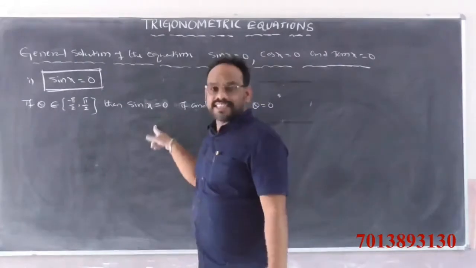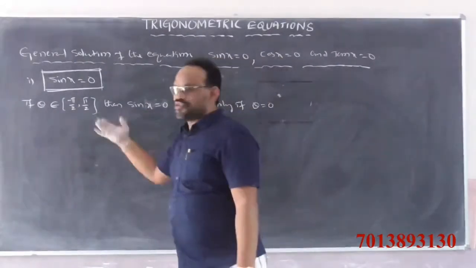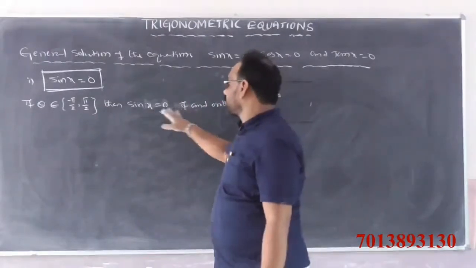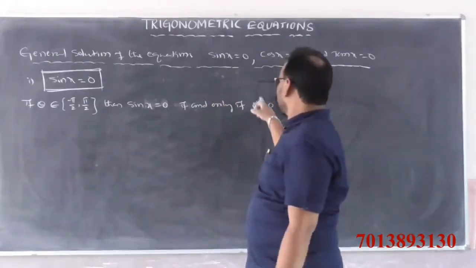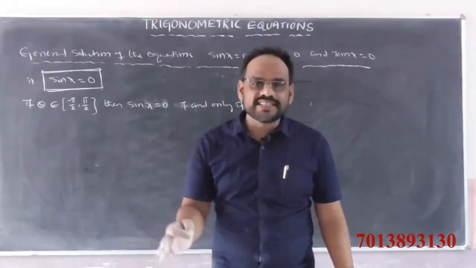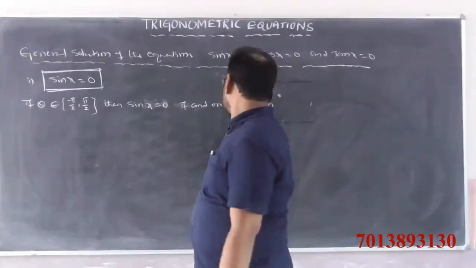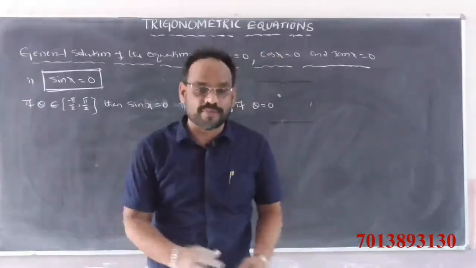Then sin x equals 0 if and only if theta equals 0. That is, theta equals 0 is the principal solution of the given trigonometric equation.